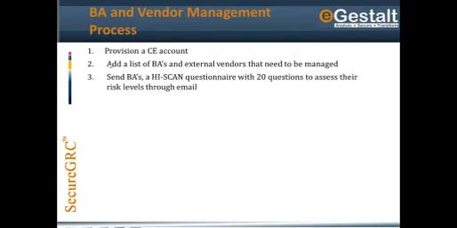The next thing, after the list of business associates and external vendors has been added into the tool, is that you can use the tool to send out what we call a high scan questionnaire, which is a short questionnaire with about 20 questions, the key questions that a covered entity needs to ask the business associate or the external vendor. That is sent via email through the tool to all the business associates and external vendors.